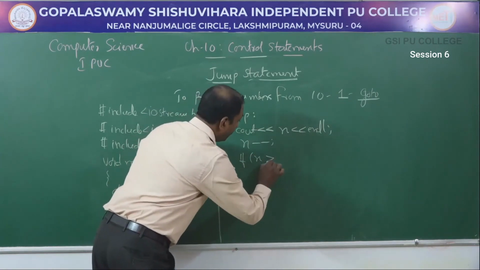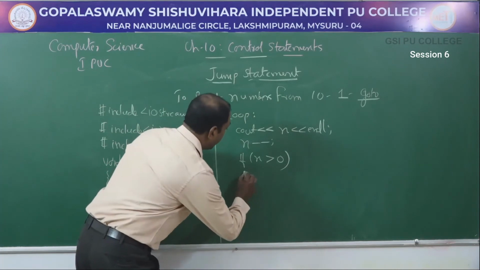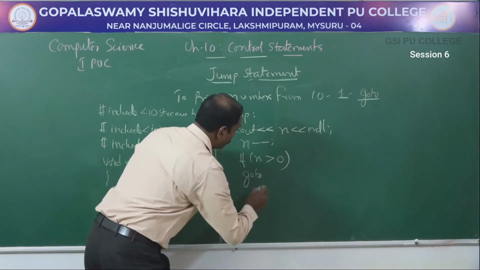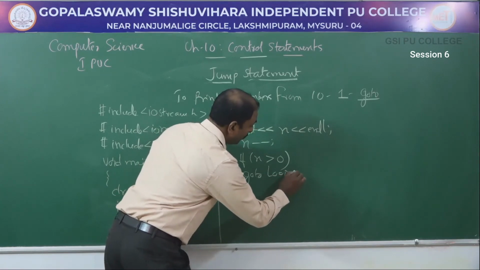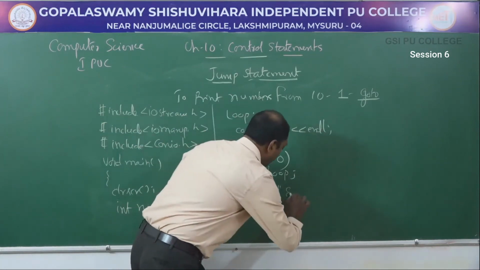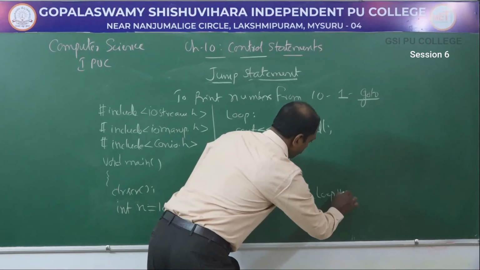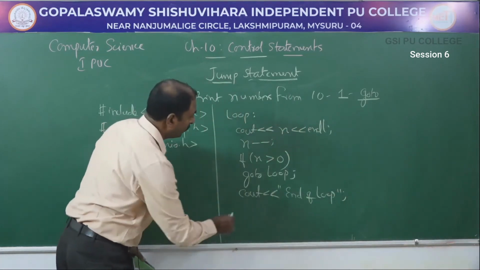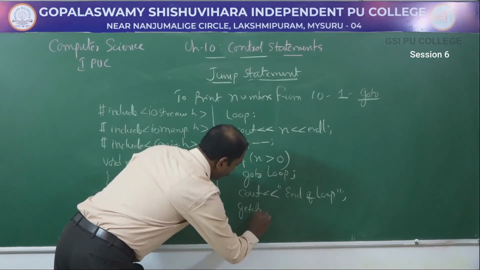If n is greater than 0, this is the condition, then I write the statement goto loop; Now we can display a message, cout << "end of loop", then close the program with getch and the closing of void main.